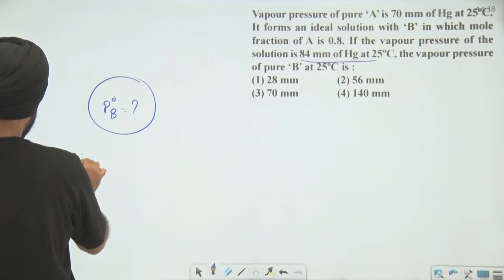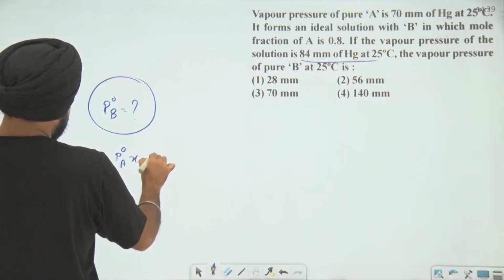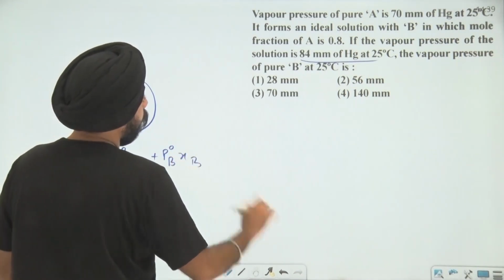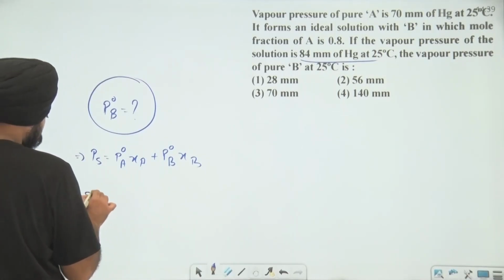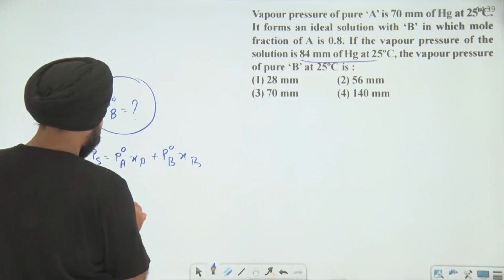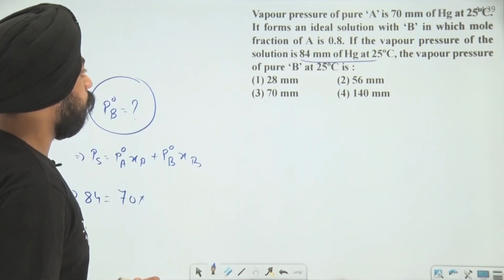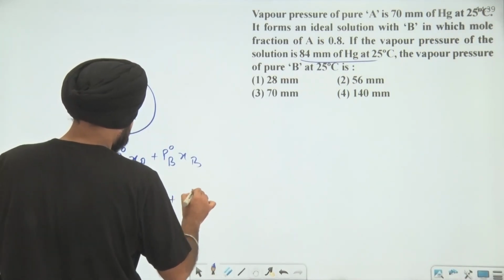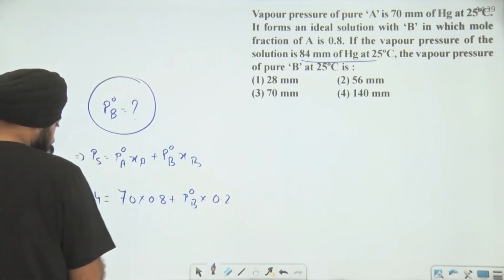Okay, students. Well, we all know that PS or PT is what? This is P naught A XA plus P naught B XB. Well, we have been given that the vapor pressure of the solution is 84. So this is given to us, equals P naught A, which is 70, into XA. XA will be what? Mole fraction of A is 0.8, plus P naught B into XB, which will be 1 minus 0.8, that is 0.2.